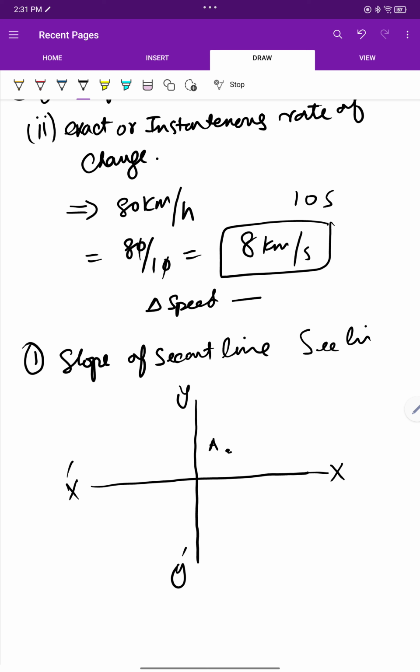And the A is (x, y), because x has some value and y has some value here.